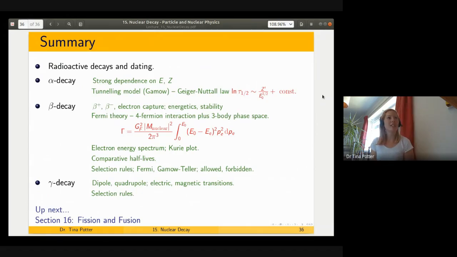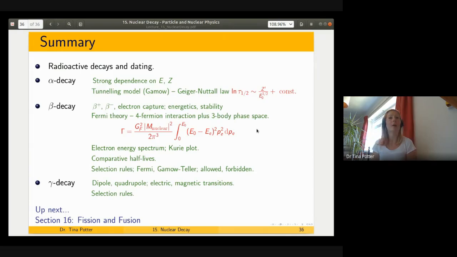We had a look at treating beta decay as a 4 fermion contact interaction using Fermi theory. We had a look at calculating the decay rate here, and we're talking about a three body final state. So it's a bit more complex with respect to what we did in chapter 2, but nevertheless, we can have a look at the density of final states there, which will give us a good start on the way to Sargent's rule that I know many of you have been asking about.